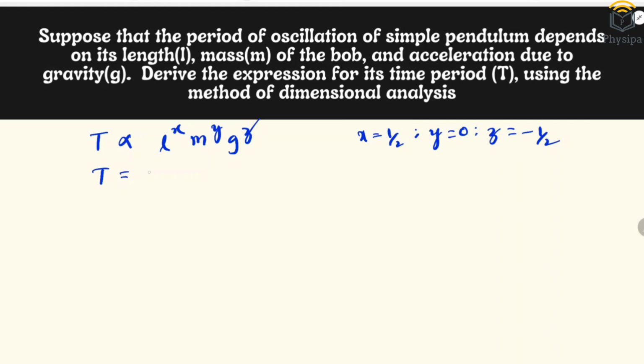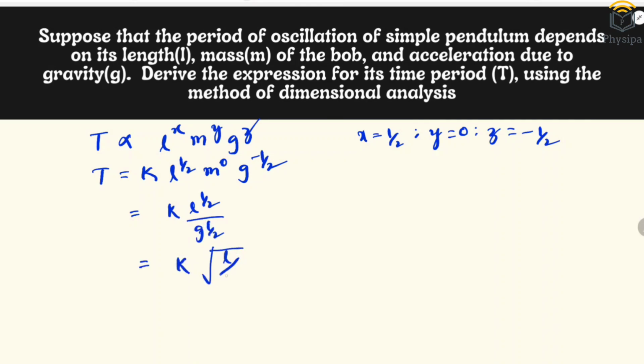Removing the proportionality, we get the proportionality constant k into L^(1/2), M^0, g^(-1/2), which is equal to k into L^(1/2) divided by g^(1/2), which is equal to k into square root of L by g, the expression for the time period of simple pendulum which is given in the question.